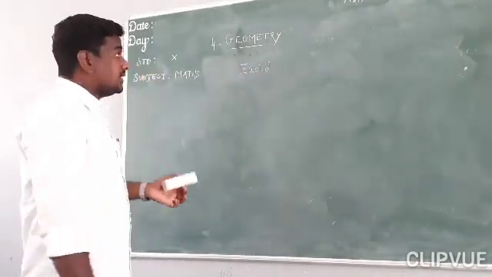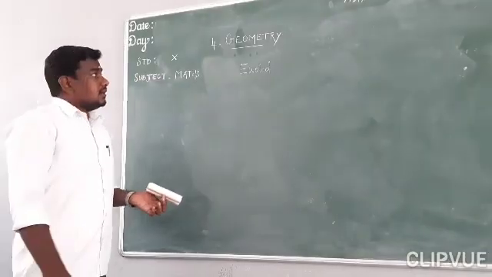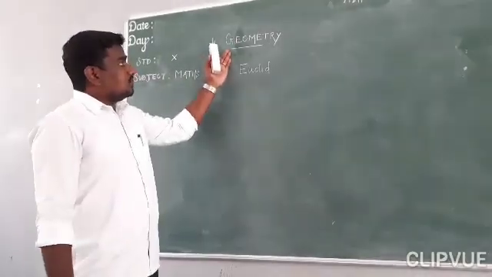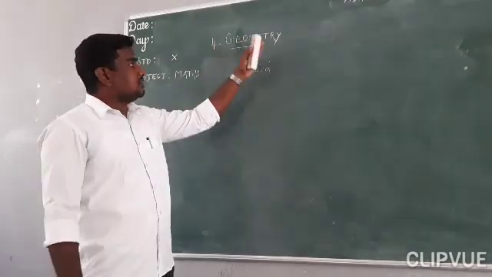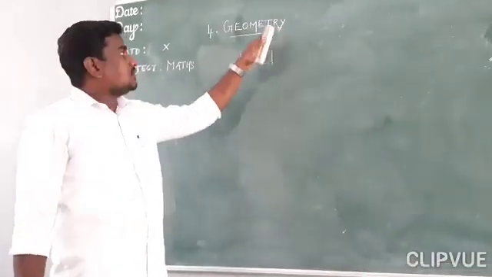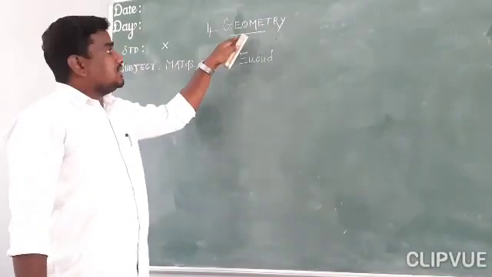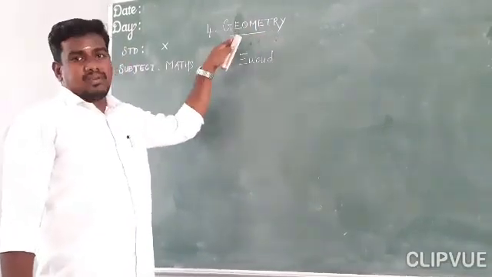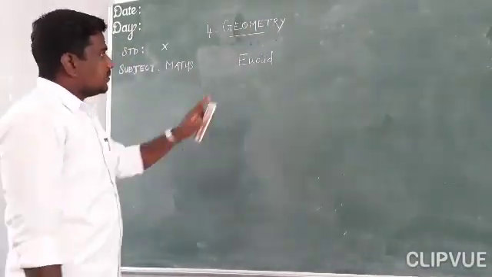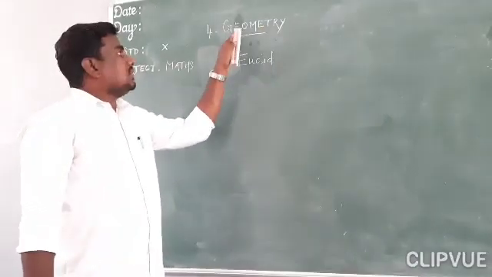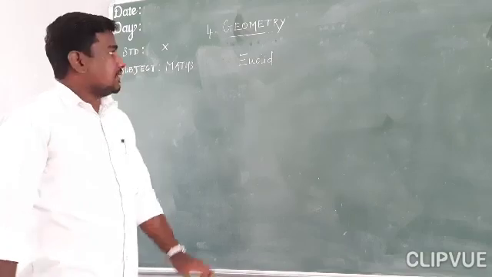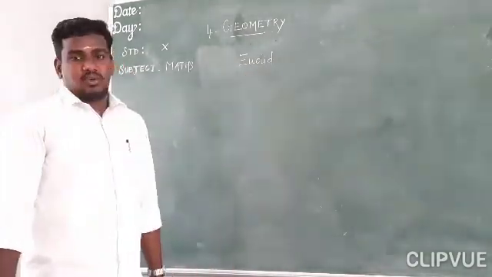In earlier times, it was used to measure the earth. Actually, geo means earth, metry means measurement. So it deals with the measurement of the earth. That's why they coined it as geometry. Now it is known as geometry. The father of geometry is Euclid.